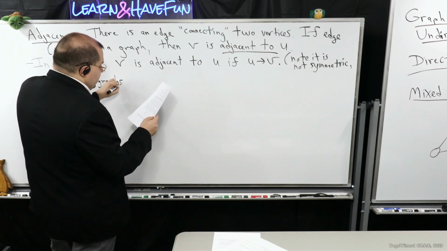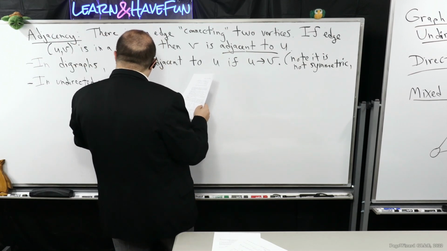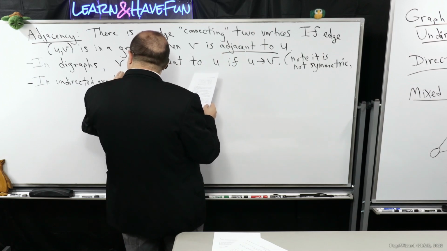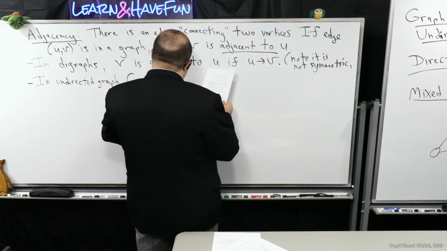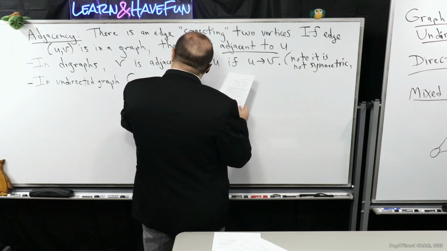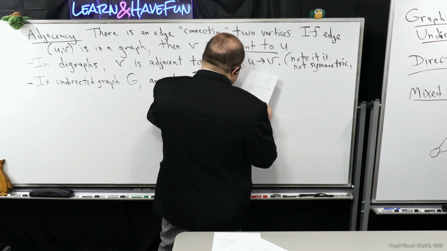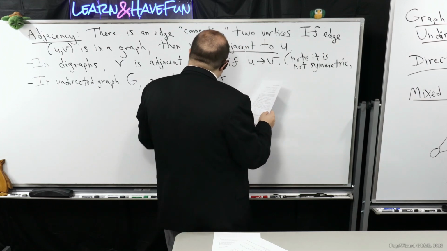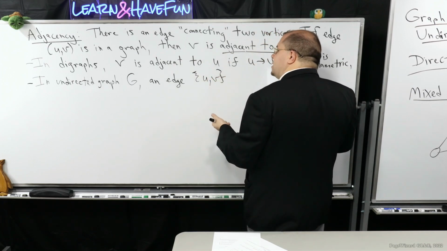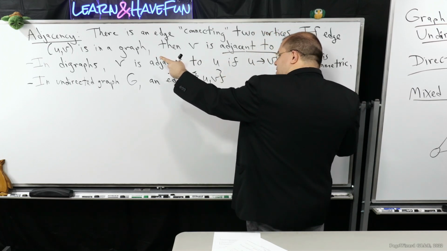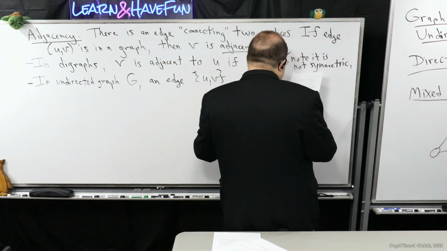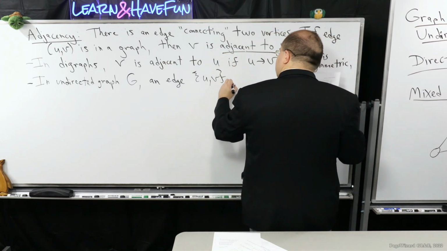In an undirected graph G, I'll use the curly braces for an edge {u,v} just to indicate that it's an undirected edge. But like I said, it doesn't matter if it's curly or rounded, just as long as it's clear that you're talking about an undirected graph or an undirected edge.